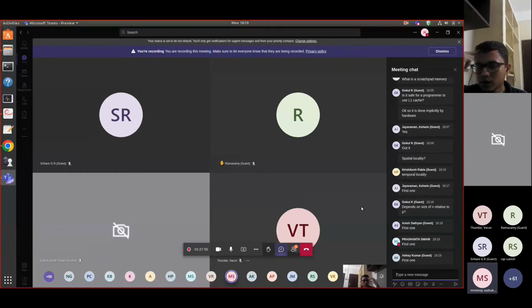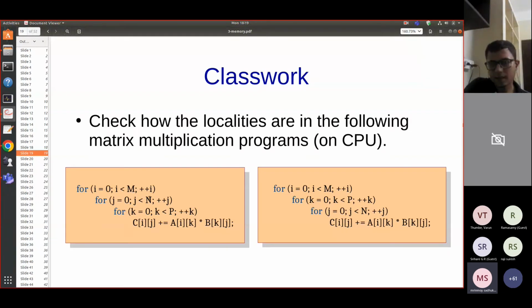Someone is saying it depends on the size of n relative to k. Let us assume, just for the sake of simplicity, that n, m, and p are all of the same size. Then which one will be better?